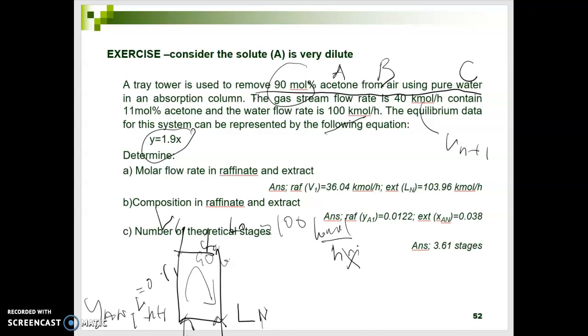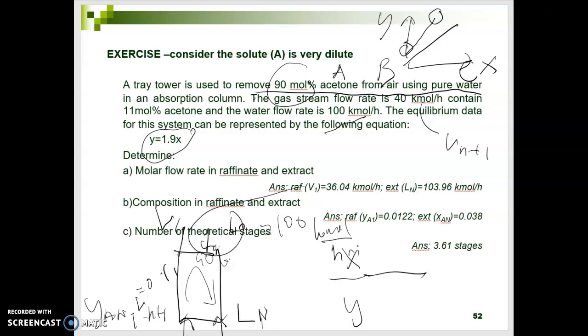So you can use any value of x and then you will obtain your y using the equilibrium data, and then you need to plot the graph of y versus x. Then you will have your equilibrium line and also the operating line. You need to get the composition at the top and bottom here. Having the compositions, you can proceed with calculating the stages.